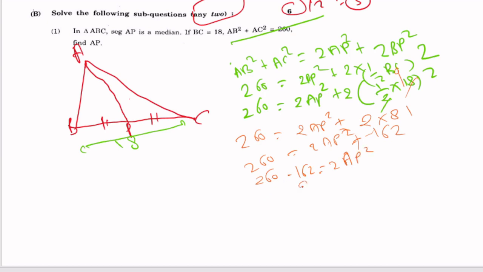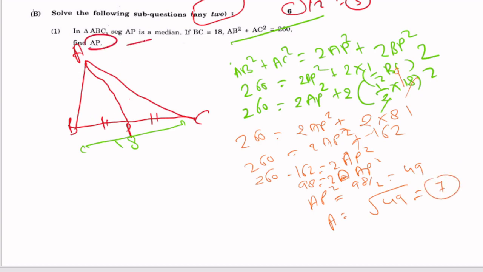So this will be 98 is equal to 2 AP square. So AP square, I can write, is 98 divided by 2, that is 49. So AP is equal to square root of 49, and the square root of 49 we know is 7. So the answer of AP is 7.